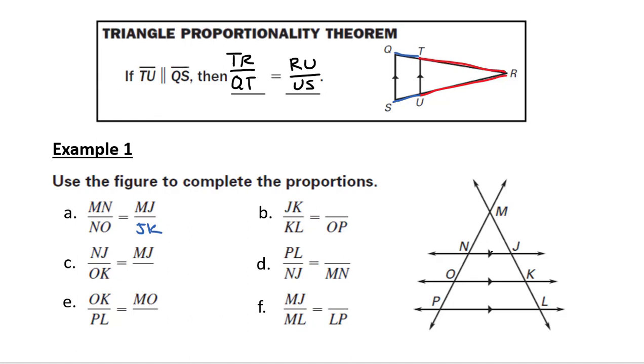Next I have JK is to KL. So look at the corresponding pieces, or look at what's common. JK is to KL as something is to OP. Look at what's common. I had these little blue segments here. I have this little red segment, so that's going to be an O.